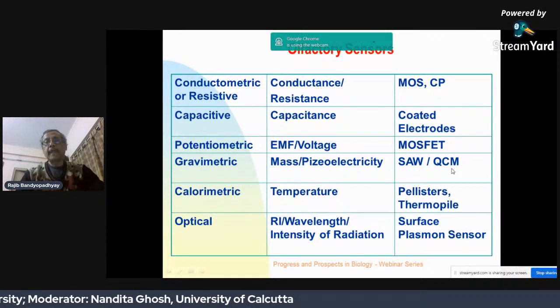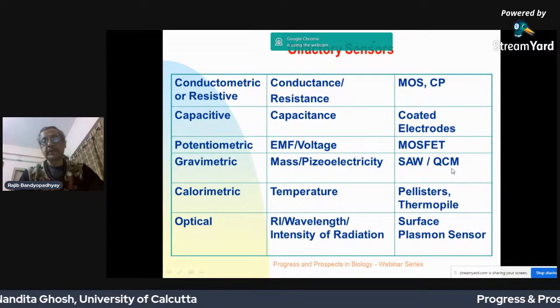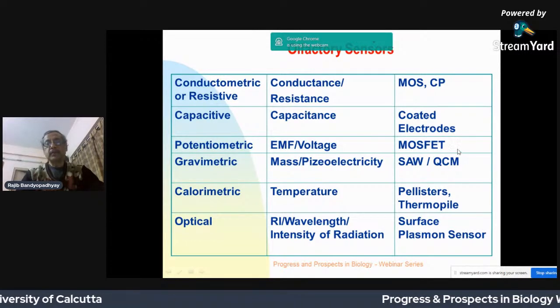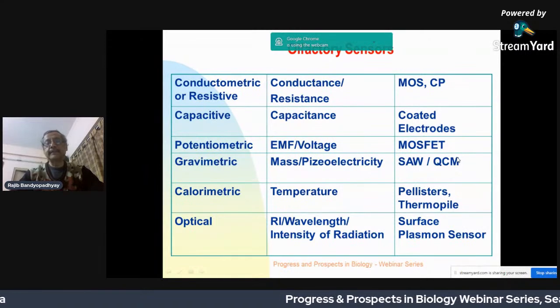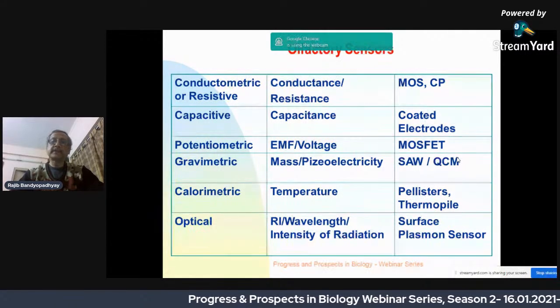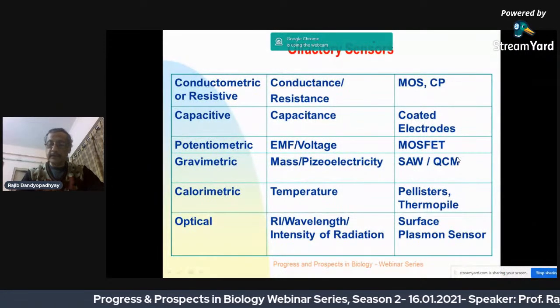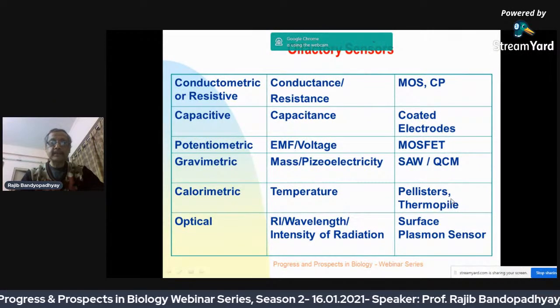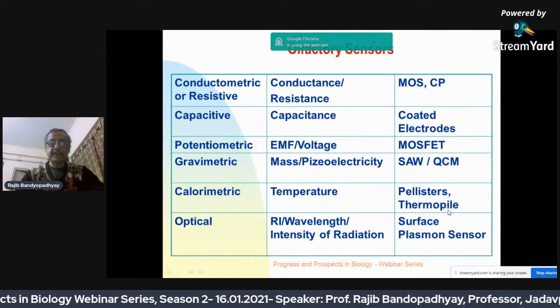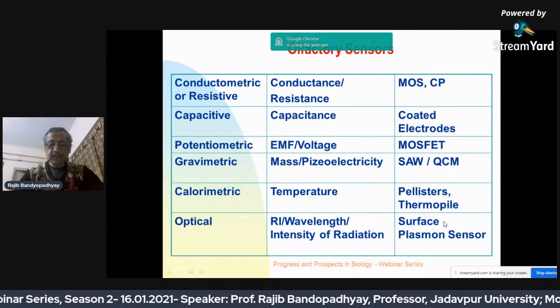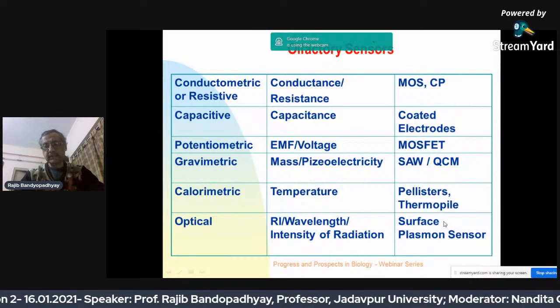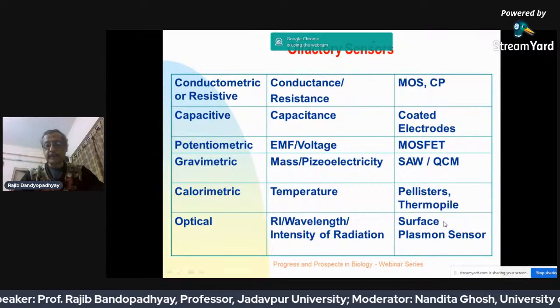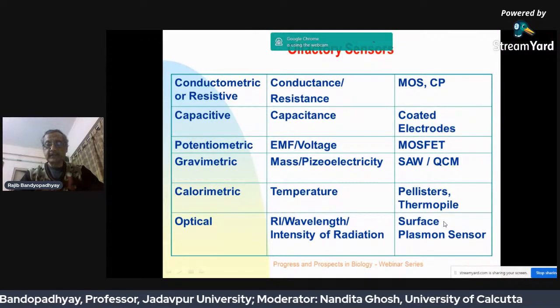So if the concentration is more, there will be more change in the frequency. So we can coat a particular sensitive material on the quartz crystal. That we are regularly doing in our lab. There are other sensors, with a change of temperature or a change of wavelength. Surface plasmon sensors are also very popular, and they're quite sensitive.